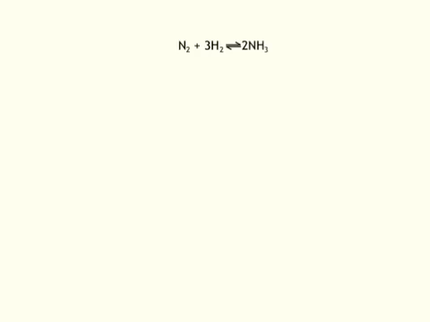So this reaction is a great example of a reversible process, and it's called the Haber process, in which ammonia is produced. Now, in the Haber process, all of the components are gases. So nitrogen, hydrogen, and ammonia are all in their gaseous form.